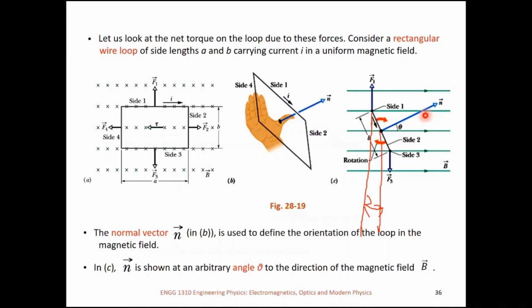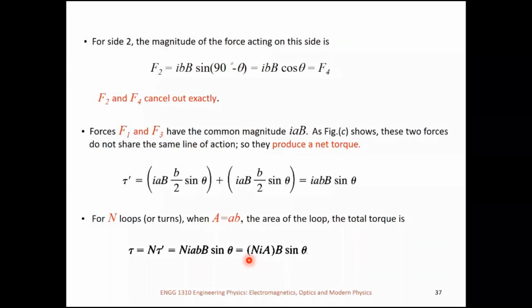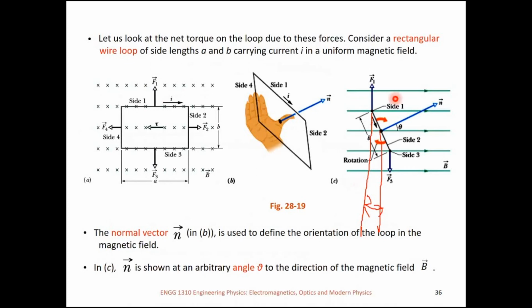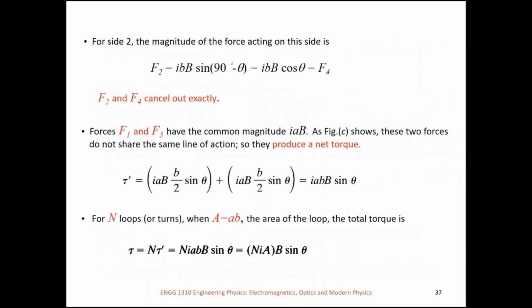The n is just the vector of the area, perpendicular to the loop, defined by the right-hand rule of the current.